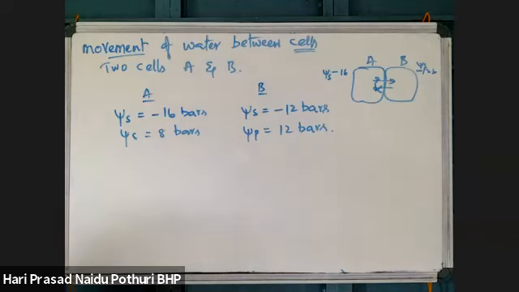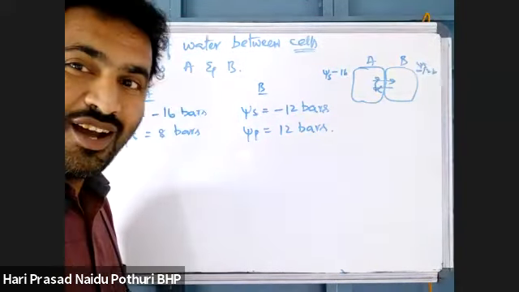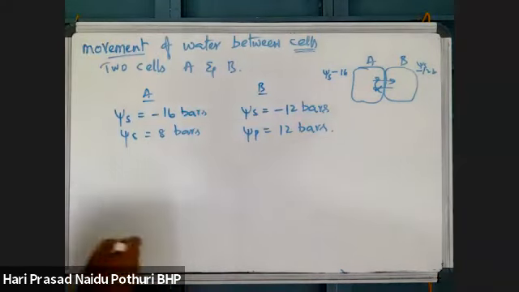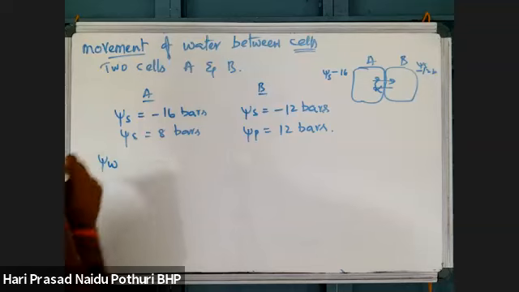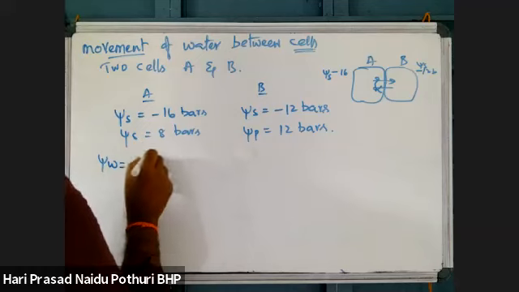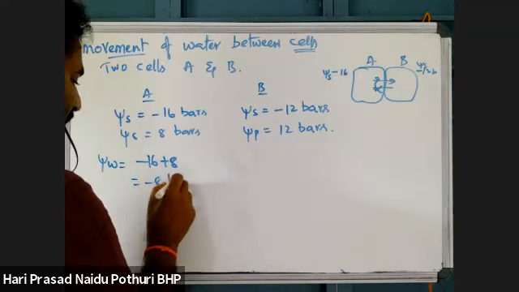Then A to B, B to A is also an answer. How? See here, first we have to calculate water potential. What is the water potential of cell A? Minus 16 plus 8, that is minus 8 bars.